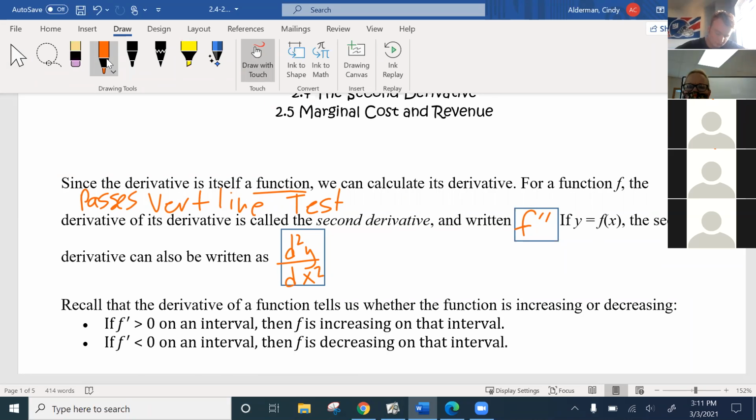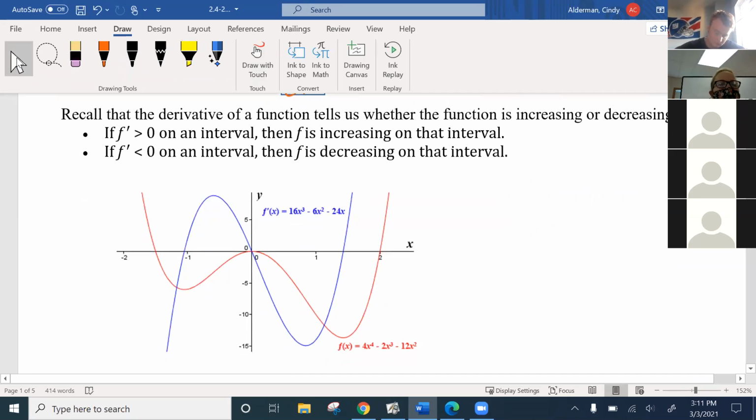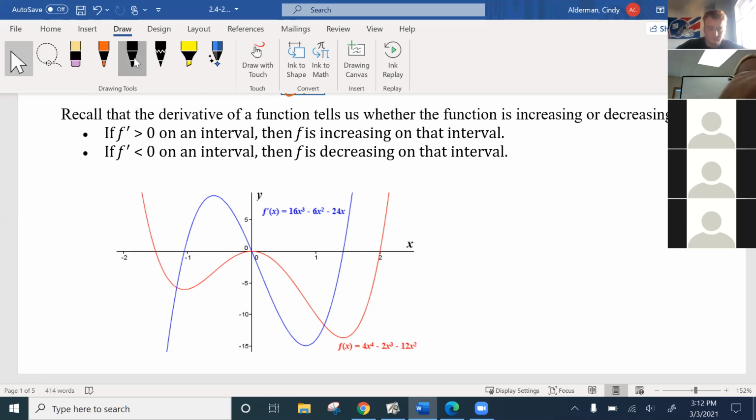Now a couple lessons ago, recall that the derivative of a function tells us whether the function is increasing or decreasing, right? If the derivative is greater than 0, that means it's above the x-axis. Okay, so you might want to note that.